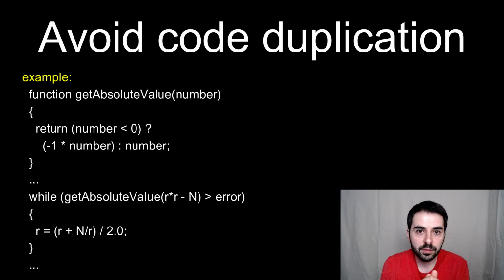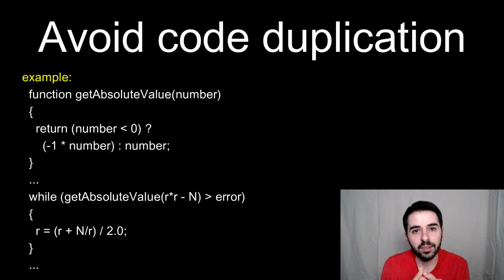We needed to calculate the absolute value of some difference in every iteration of the loop, which means if we just plainly write the logic of calculating the absolute value in the loop itself, we would write it once, since it's a loop.